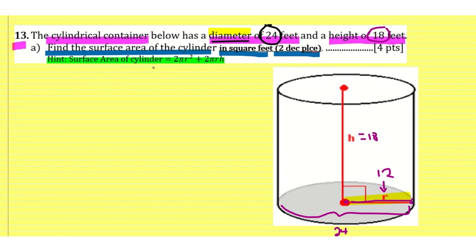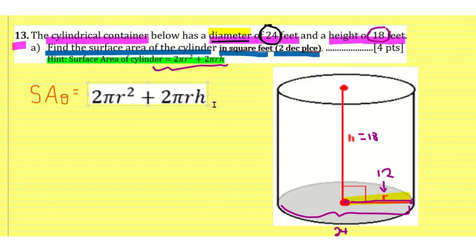Okay, so now let's go ahead and use our hint. It says the surface area of our cylinder is going to be equal to 2 pi r squared plus 2 pi r h, which means that we are going to plug in a number for the radius here and the radius here and the height right here. So how would we write that all out?